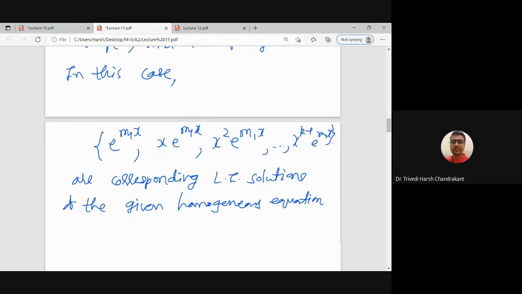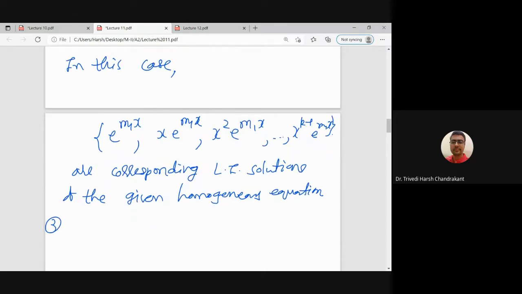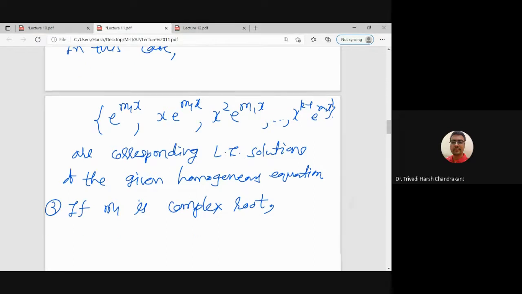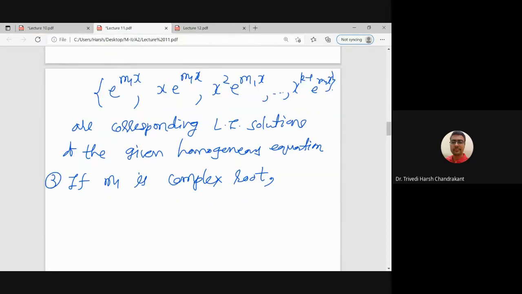And the third type of case is the complex case. So whenever our root m1 is a complex root, the complex roots always come in pairs. So if one root is a complex root, then there is always a corresponding root which is its complex conjugate.